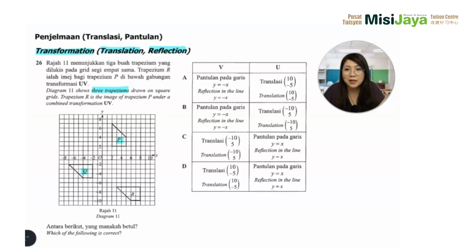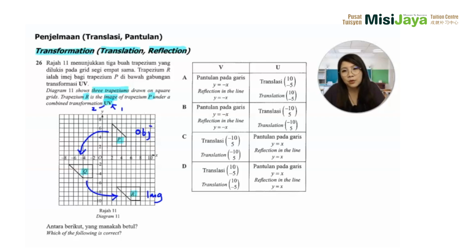We have P, Q, and R. Trapezium R is the image of P under a combined transformation UV, which means you have to do V first and then U. P is the object and R is the image, so it has to go through Q first. From P go to Q and then Q go to R, and we need to know what type of transformation each one is.